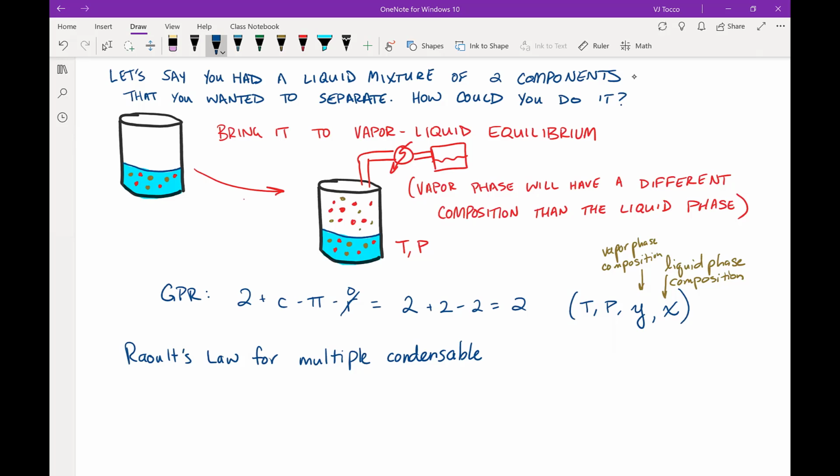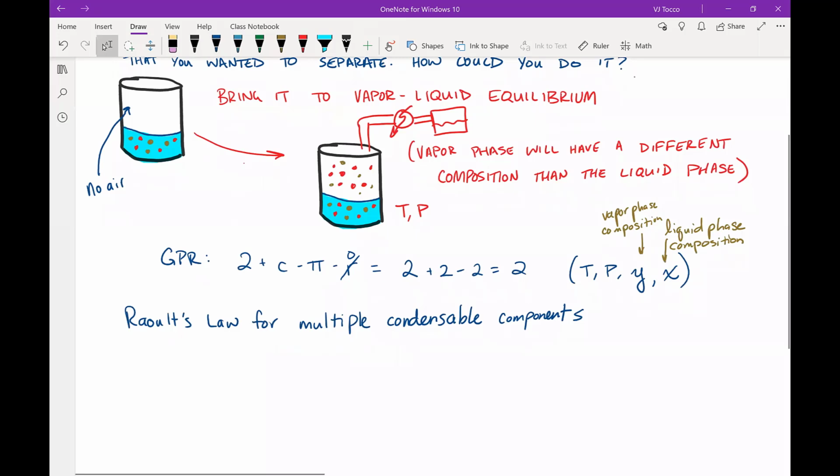And air cannot condense at ambient conditions. The difference here is that we've replaced air, so there's no air in the system. This currently would be a vacuum in the headspace, or once the vapor phase is established, there are no air molecules in there. So Raoult's law for multiple condensable components looks like so.